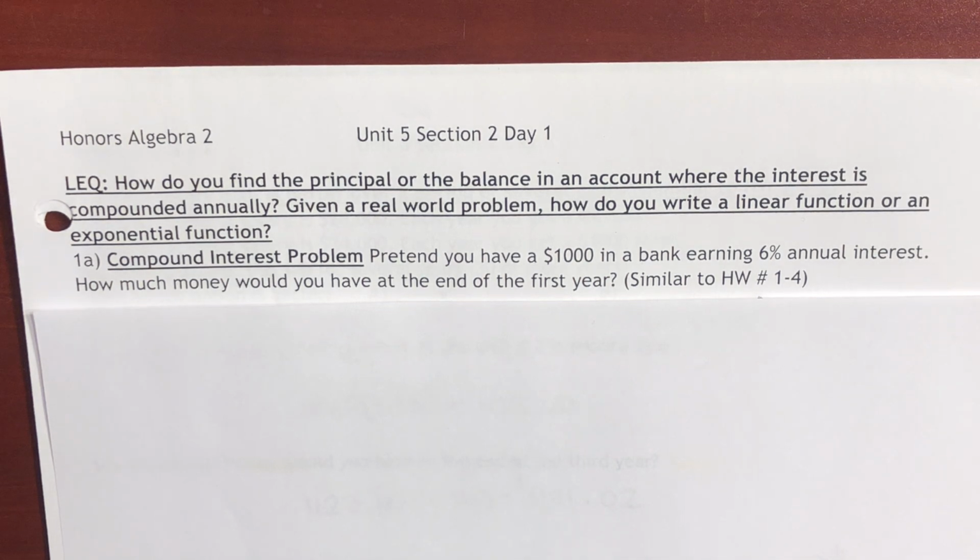So first off, compound interest problems. Pretend you have $1,000 in a bank earning 6% annual interest. How much money would you have at the end of the first year?